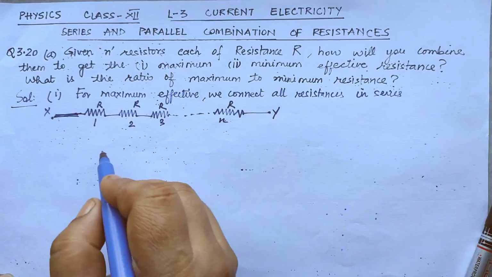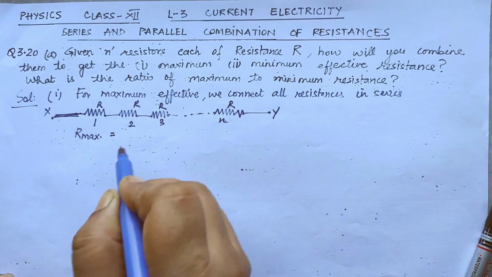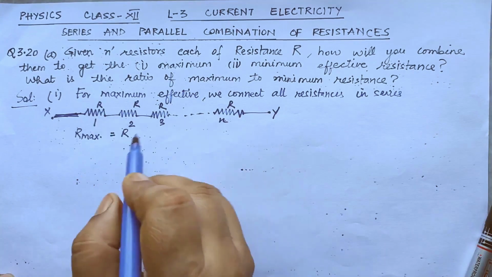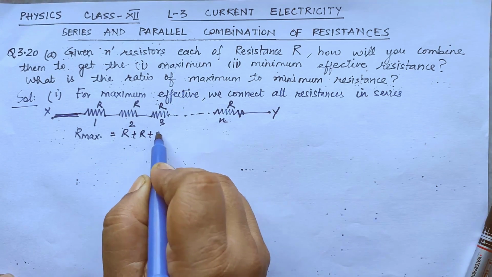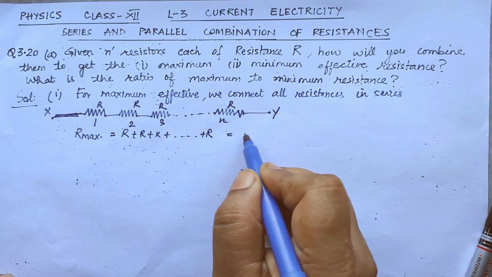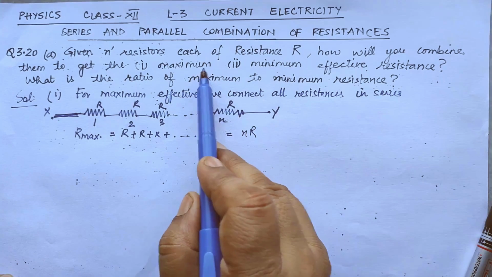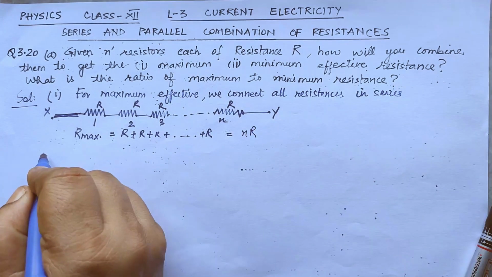So let us find the value of R maximum. R maximum is given as addition of all these, so R plus R plus R plus up to n times R. So it becomes nR. So this is the value of maximum effective resistance.